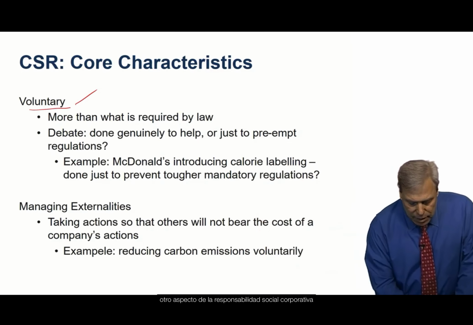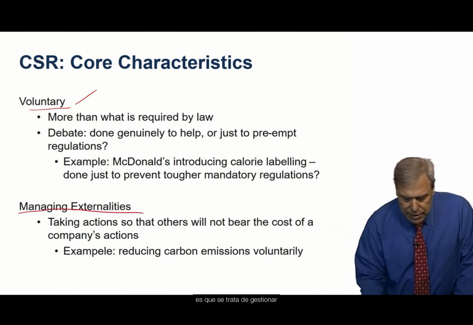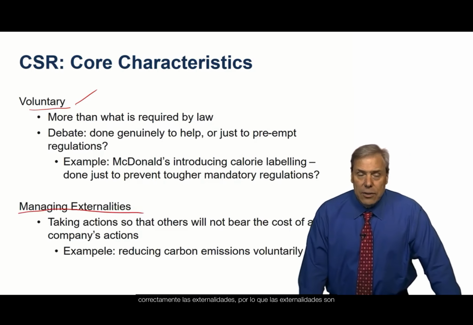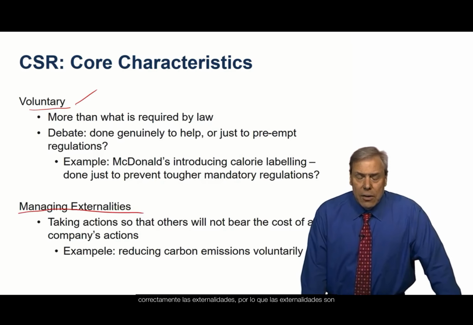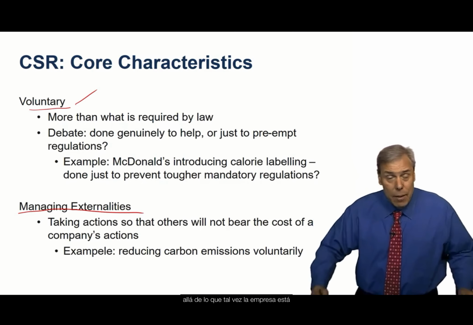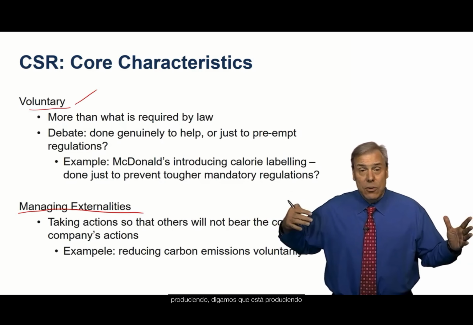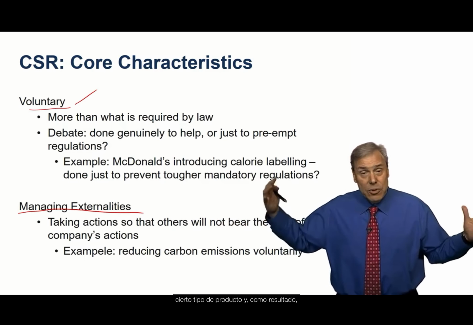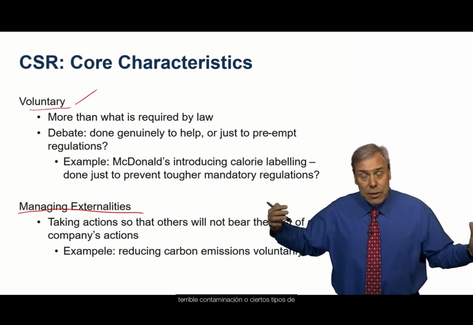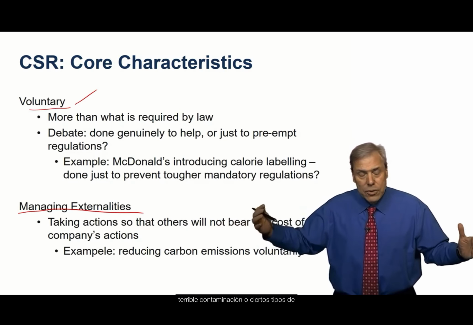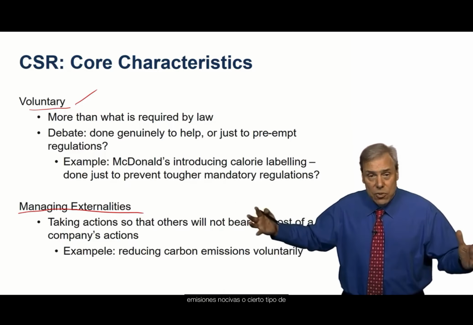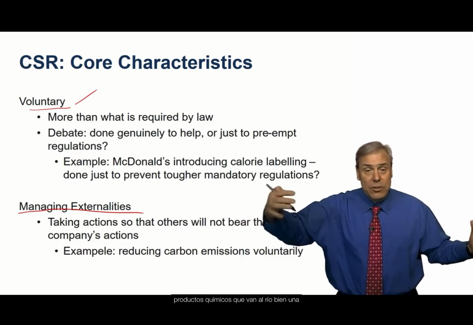Another aspect of corporate social responsibility is that it's managing externalities, right? Externalities are things that go above and beyond what the company is producing. Let's say it's producing a certain kind of product, and as a result, one of the things that results is terrible pollution, or certain kinds of harmful emissions, or certain chemicals going into the river.